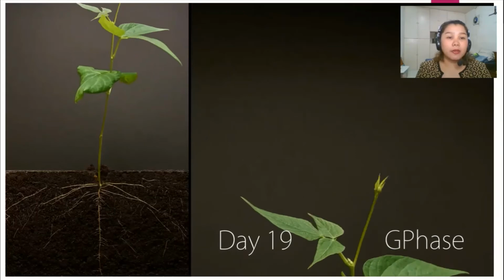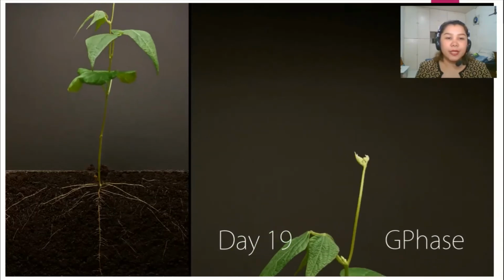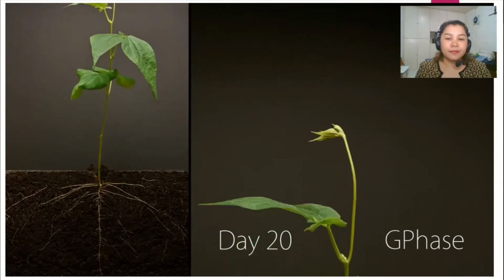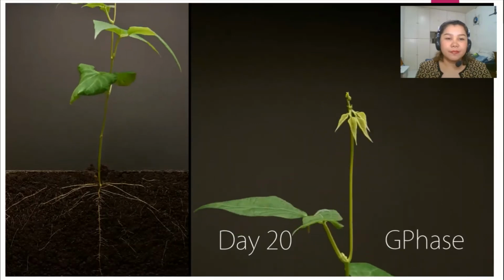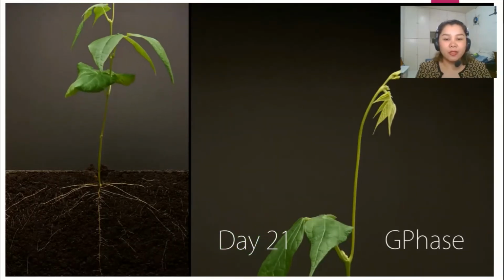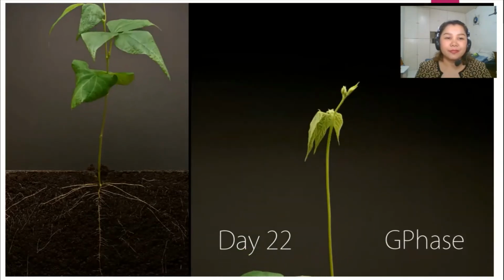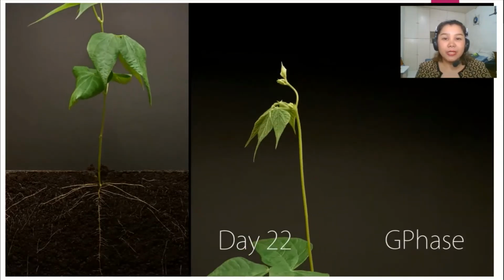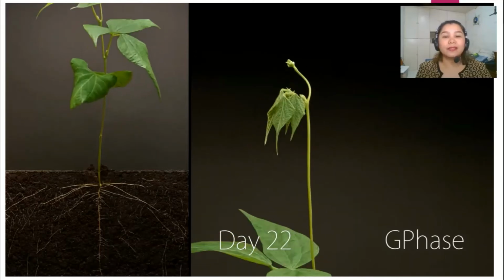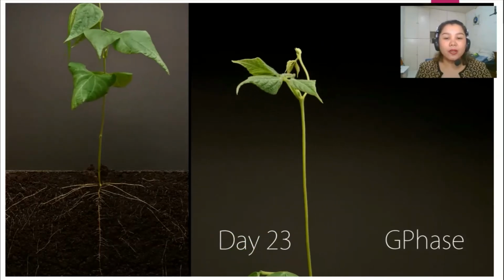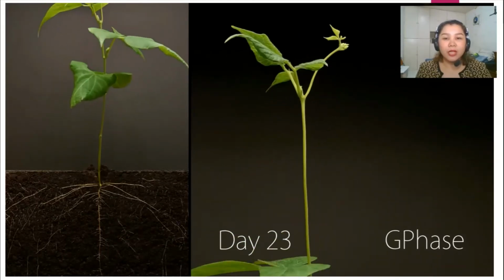This is day 19. It looks like it is dancing with the music. This is day 21. And its height is now beyond the camera. This is day 24, 23.